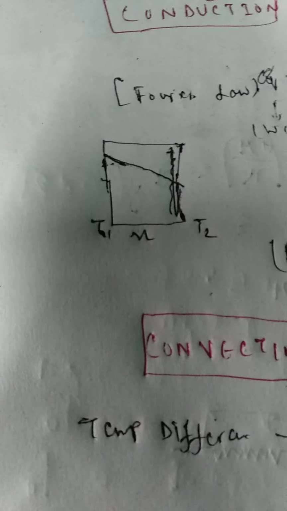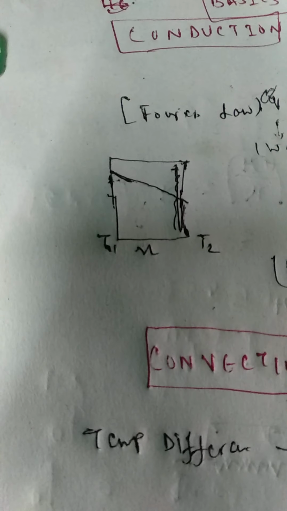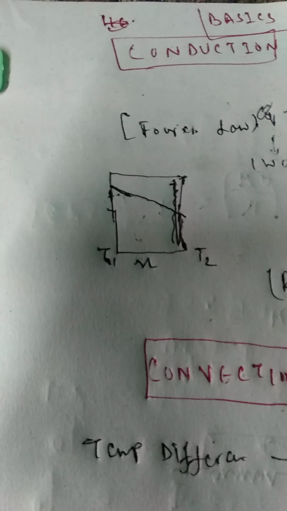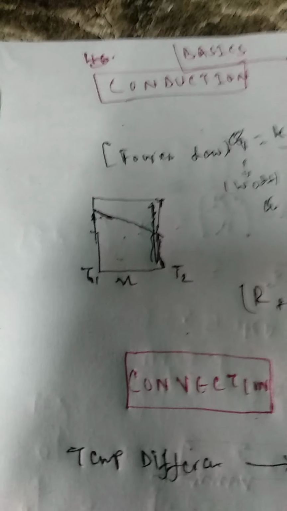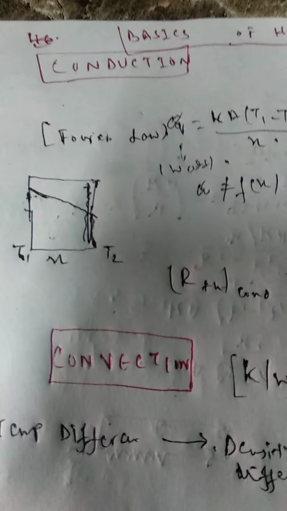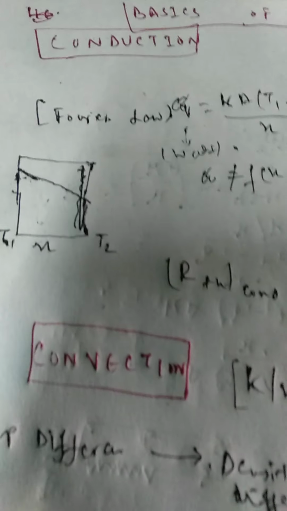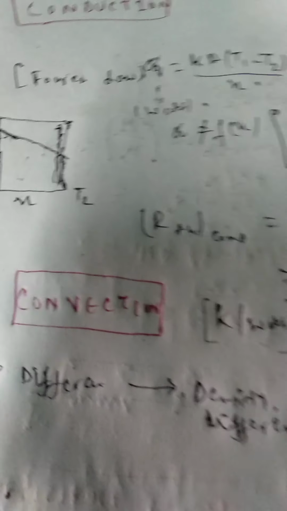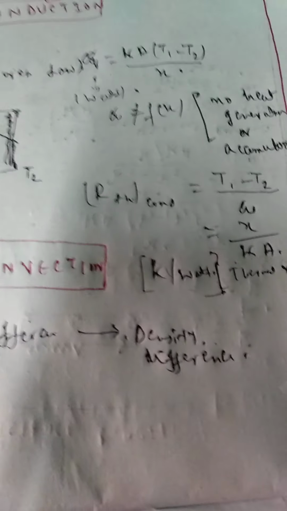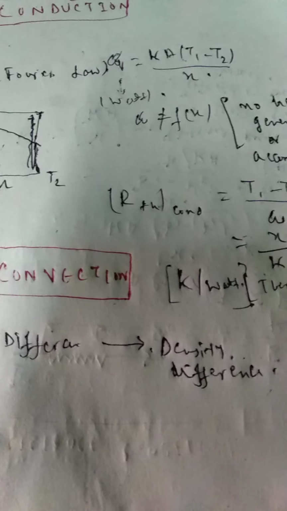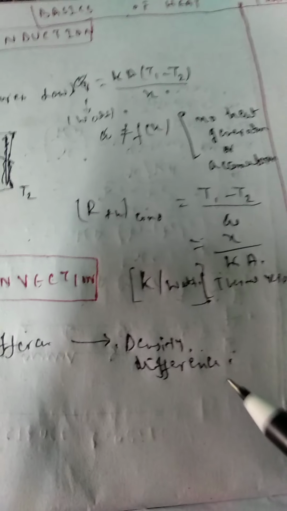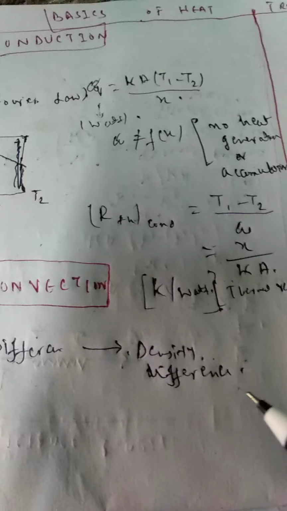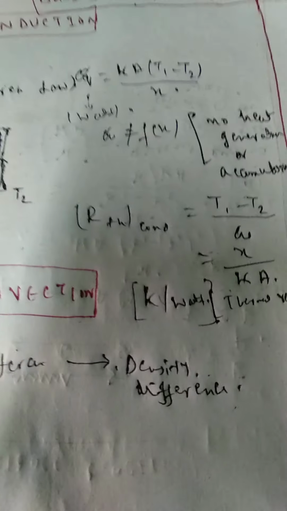This density difference results in the movement of fluids, because the fluid will move due to the density difference. The lower density fluid, which is lighter in weight, will tend to move upward, and the cooler, lower temperature fluid, which is heavier in weight, will move in the downward direction. We will discuss this.